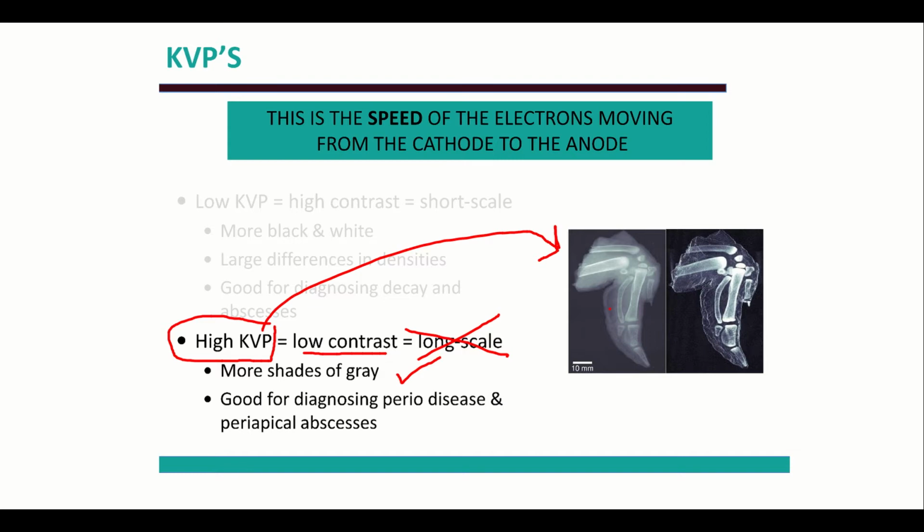If you look at this one, we can see the soft tissues and what's going on here with the soft tissues a lot better than we can in this picture with high contrast. So just remember with KVPs, it's the speed of the electrons which determines the contrast, and it's an opposite effect. When you have low KVPs, it gives you high contrast. High KVPs, it gives you low contrast.